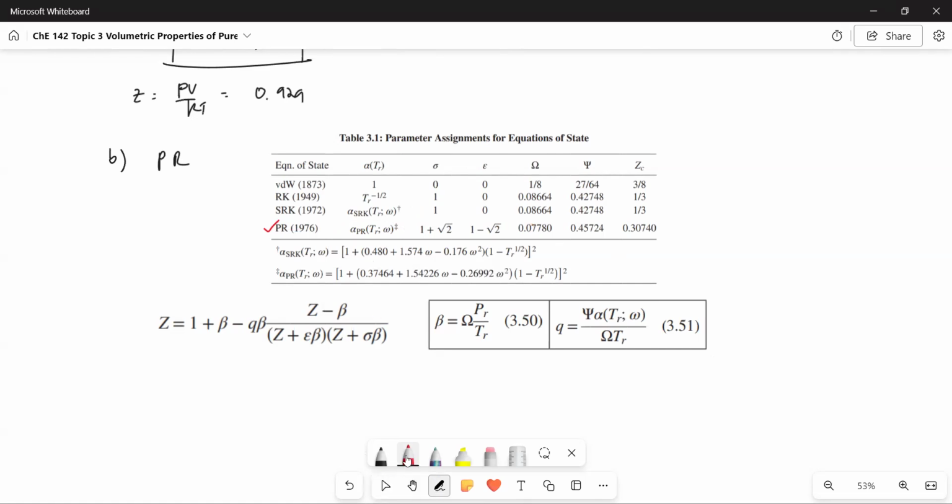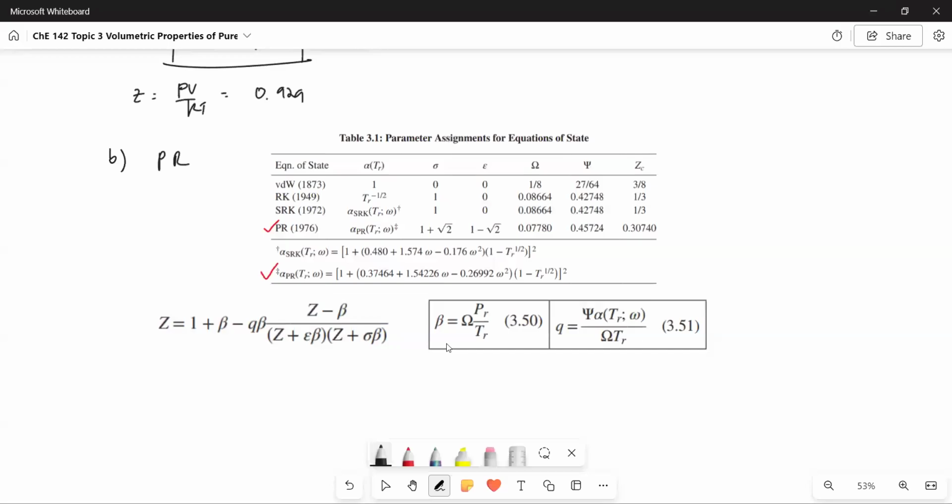So we try to solve now for alpha as a function of TR and the eccentric factor. What is the eccentric factor for ethylene? Let me find the eccentric factor from the appendix. Hold on.